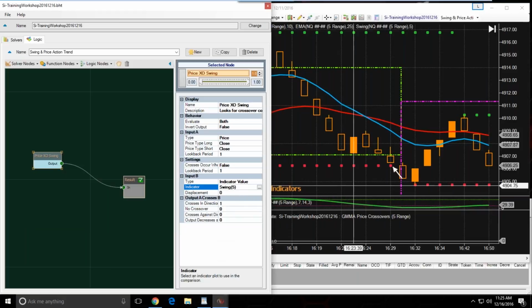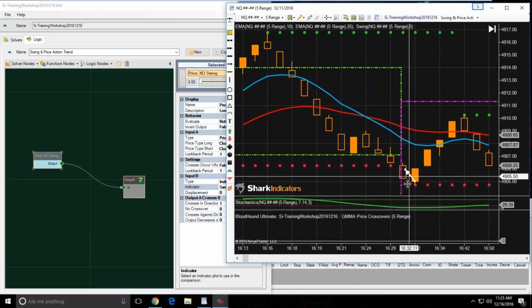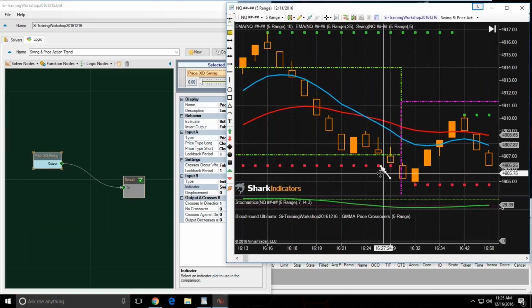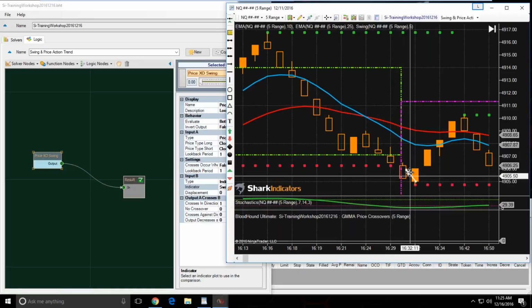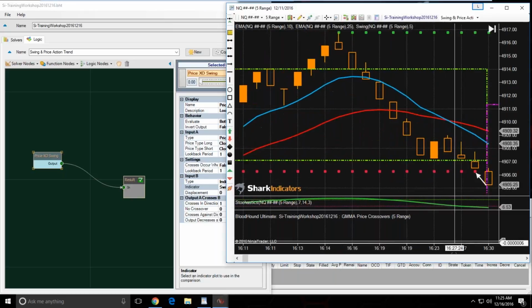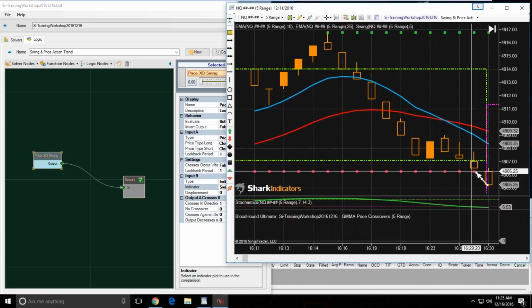So one thing to note here, you notice how on this bar there's no plot, right? The swing indicator stops plotting one bar back. So when we're on this bar, we have to look back one bar to get the indicator plot.